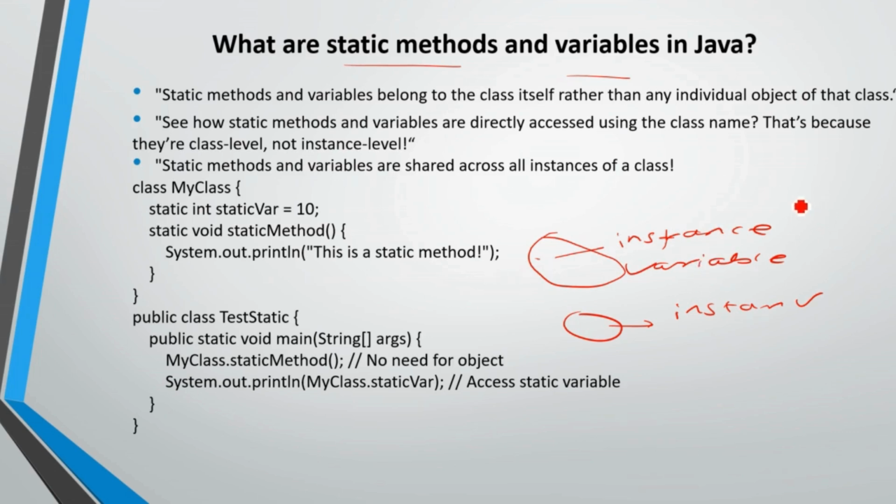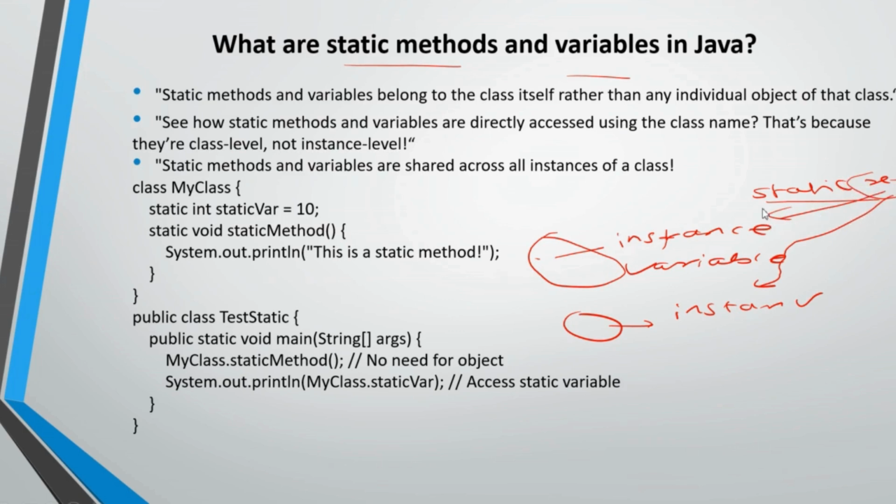Suppose there is a static x, it will be shared among both the objects. So there will be no separate static variable for each and every object. Obviously it will reduce our memory usage, because we are creating only one copy of the variable and sharing it among the other objects.